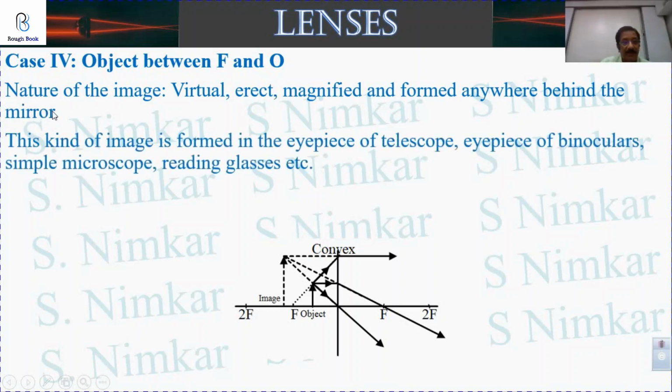Please make correction over here. This is object. This kind of image is formed in the eyepiece of telescope, eyepiece of binoculars, simple microscope, reading glasses. All this will give you this kind of refraction, and the image nature is this.